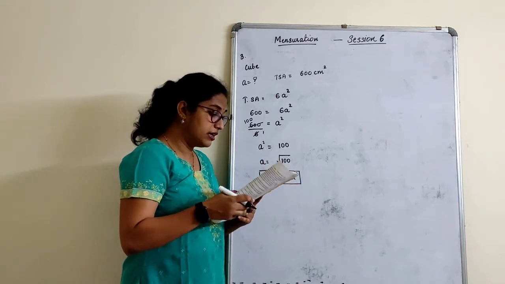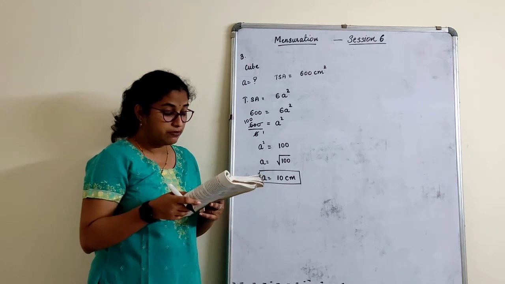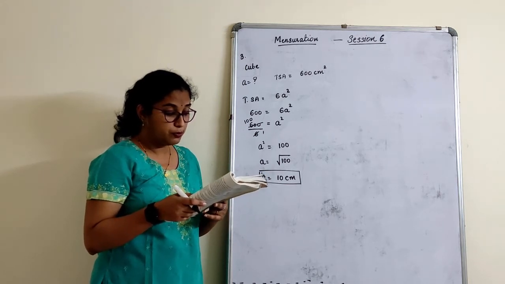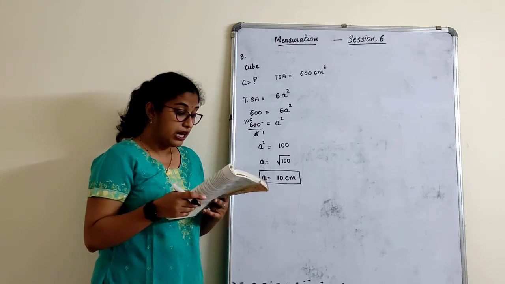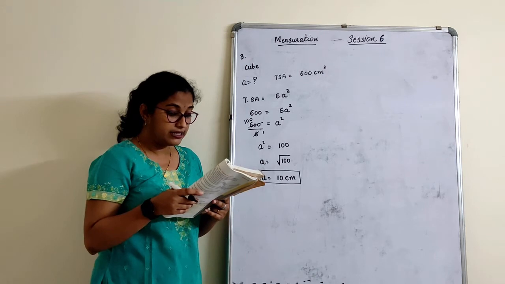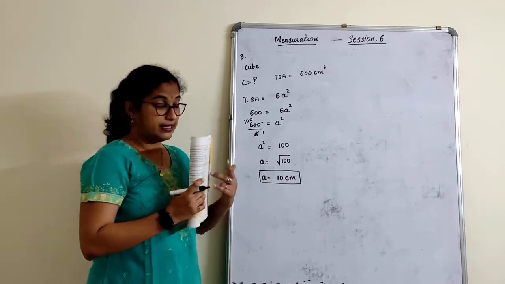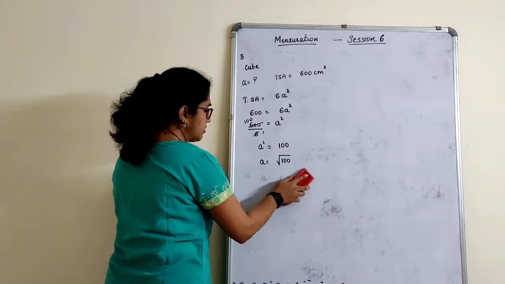Raksha painted outside of the cabinet, which measures 1 meter by 2 meter by 1.5 meter. That means a cabinet is in the form of a cuboid. How much surface area did she cover if she painted all except the bottom of the cabinet? Now, cabinet, your wardrobe or cupboard or something.